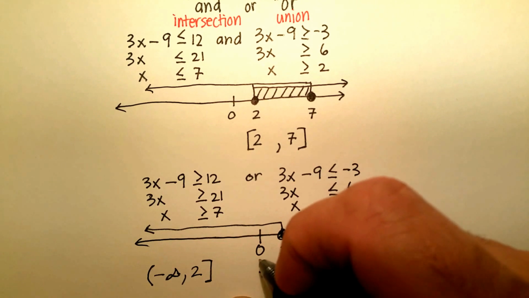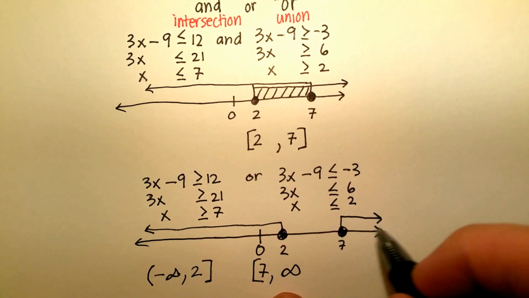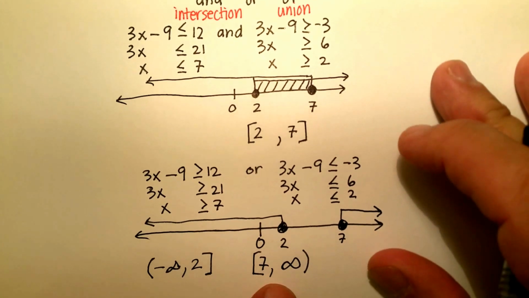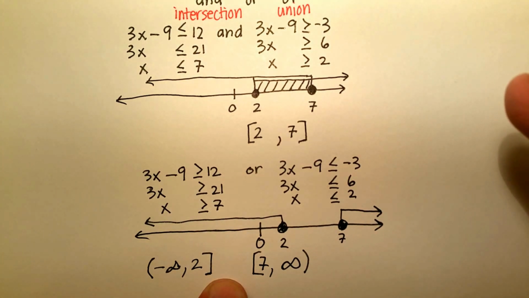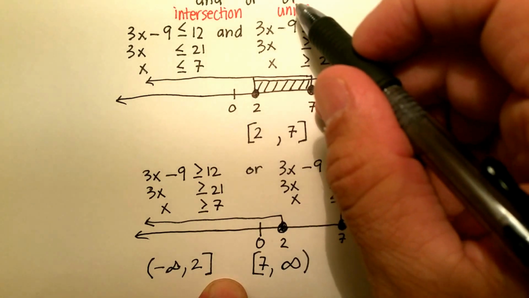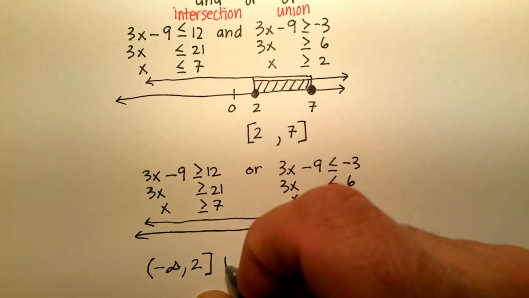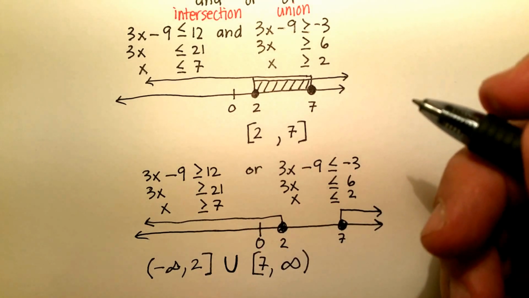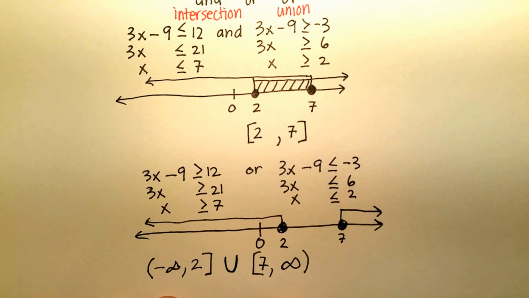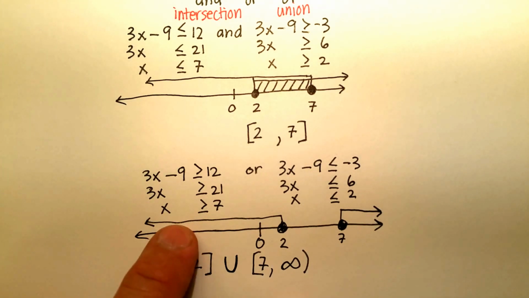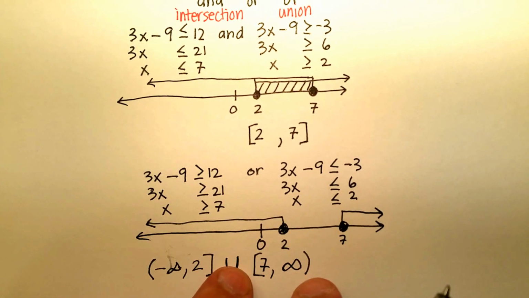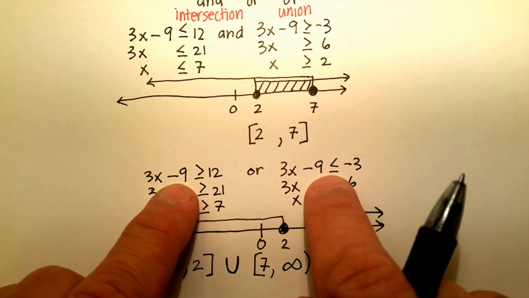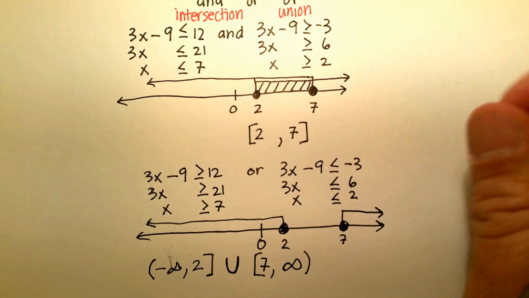Since it's closed here, I can put a bracket. And since this side continues, I'm going to put a parenthesis. Now, what I put for union or is just this symbol. It's not really the letter U, it's just called the union. So I would read this as these answers would work, or these answers would work, for these inequalities. Now let's see if that's actually true.